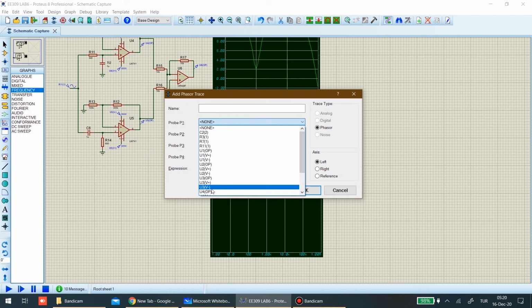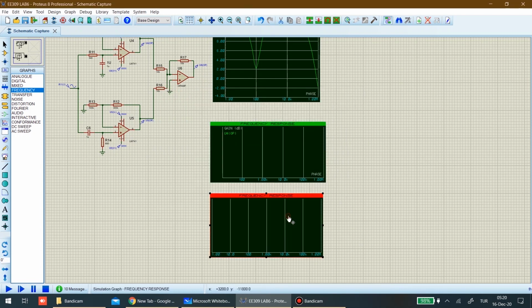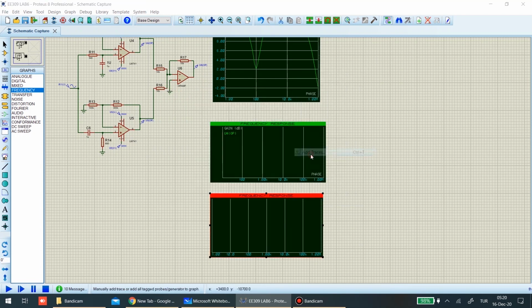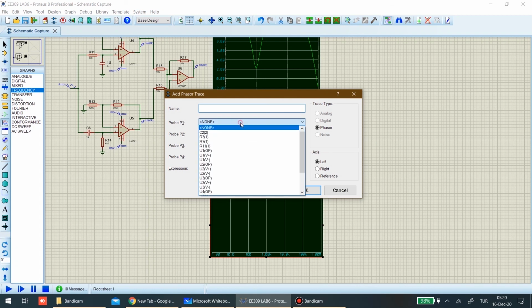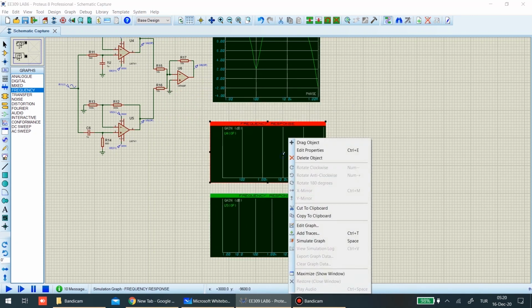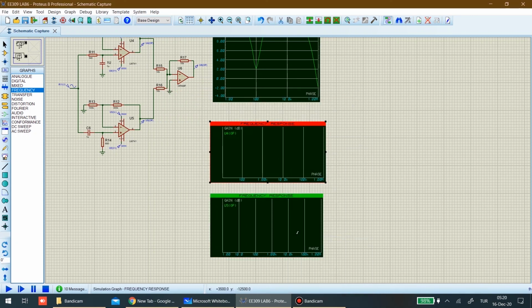U4 op-amp and U5 op-amp. Simulate graph and simulate graph.